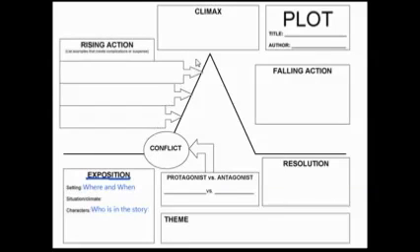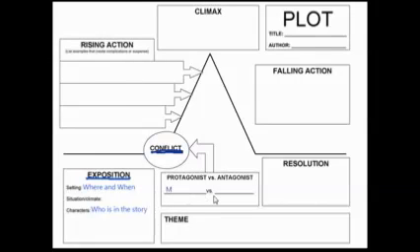The next part that we are going to look at is the conflict part. So the conflict part right here is really going to look at what is happening in the story. So what is the problem? What is the conflict that is going on to get this story started? So we have the protagonist and then we have the antagonist.